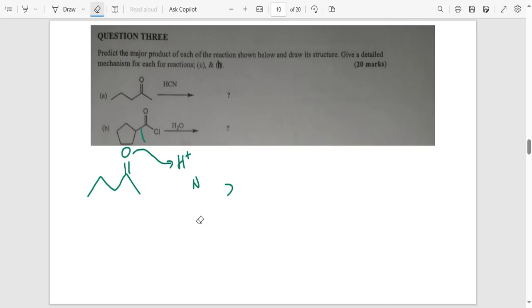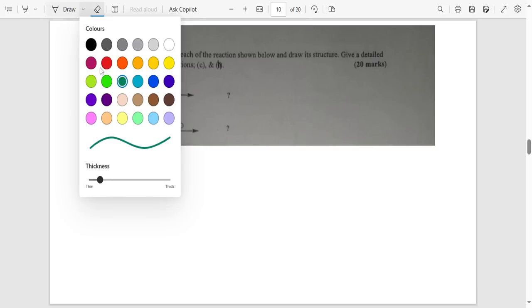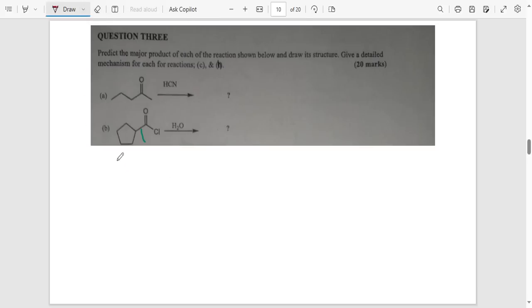And then for the next question, question number two, we have got this compound, an acyl chloride. We are reacting it with water. I'll write water in this way.